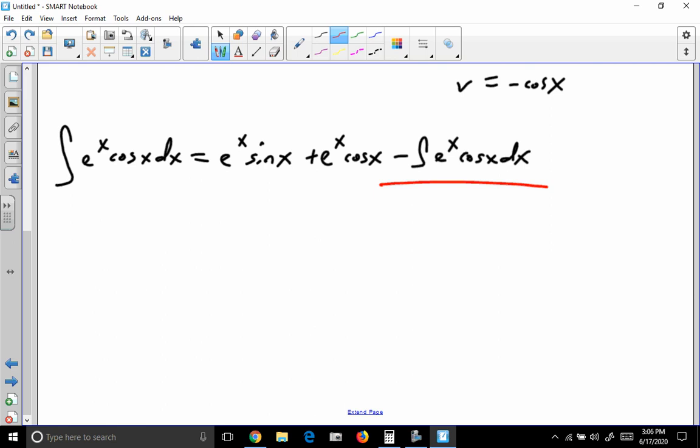So we're going in circles. We started with this. We thought if we used parts, we'd eventually get to something that we could do. But after we did parts twice, we got back to the exact same integral we had at the beginning. So let's add this integral to both sides. Our goal is to solve.